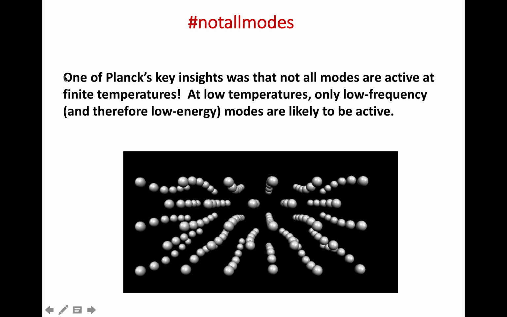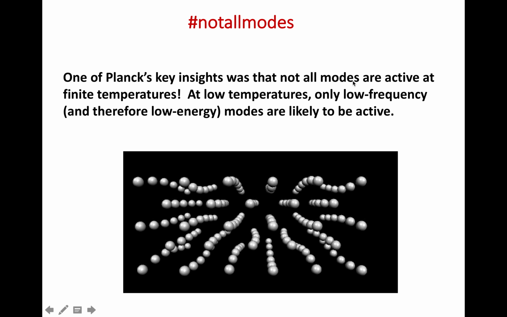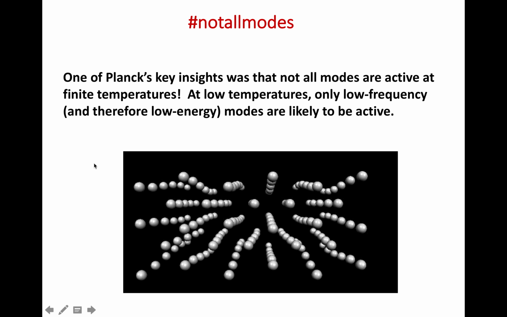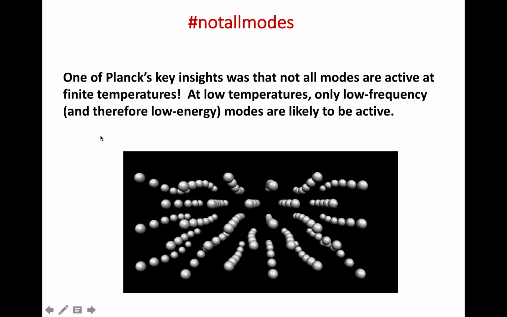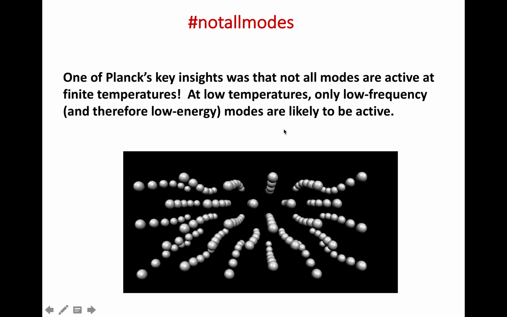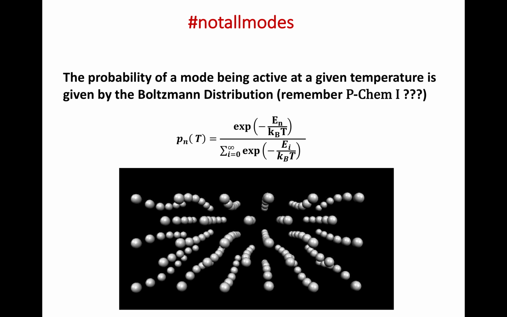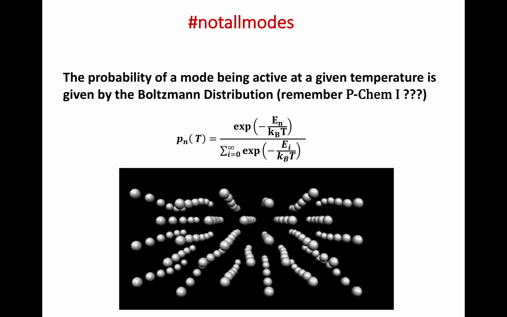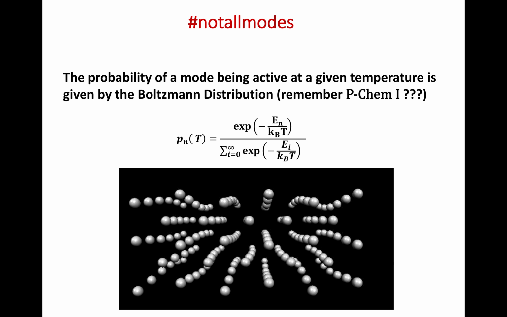Okay, and so one of Planck's key insights is that not all of these modes are active at finite temperatures. At low temperatures, only low-frequency modes will tend to be active. And so that realization, that inherent idea that underlay his expression, is what allowed the blackbody ultraviolet catastrophe to be resolved.